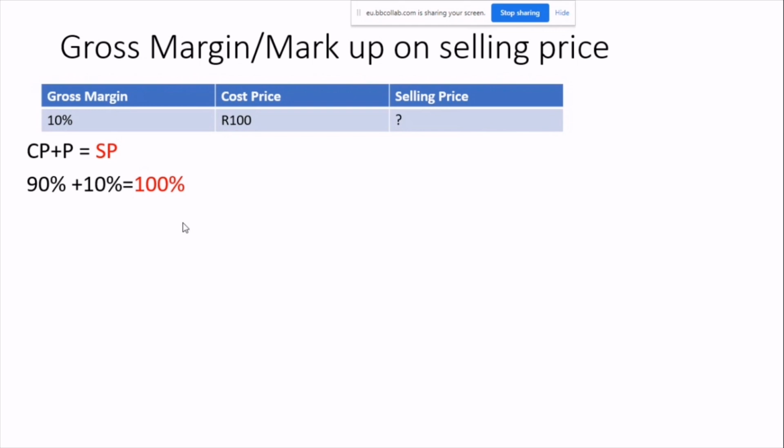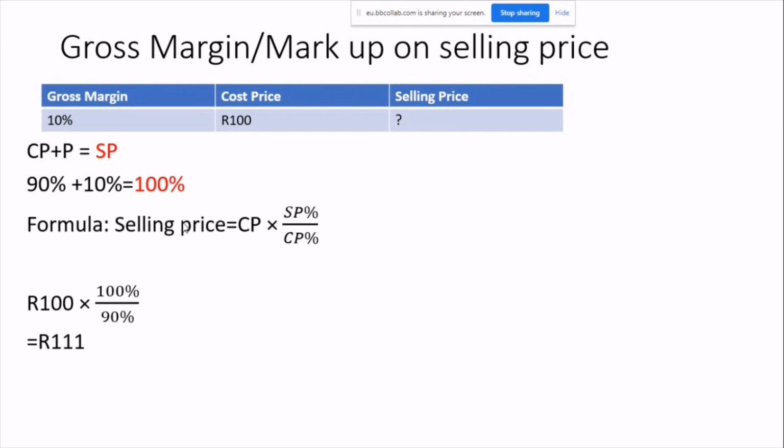All right. Now let's substitute into our formula. Remember, we are calculating our selling price. The formula is still the same, guys. CP multiplied by SP percentage divided by CP percentage. Now our cost price given is 100 Rand. Multiply by 100%.